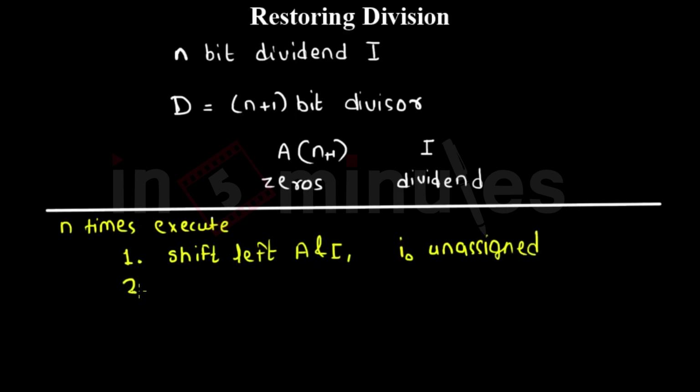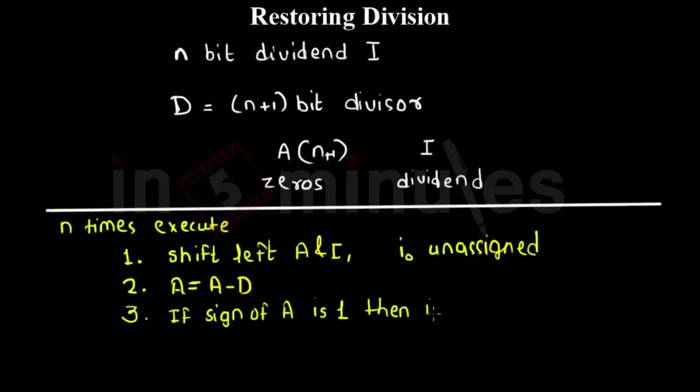Then we are going to subtract D from A, that is A equal to A minus D. Third is the most important step, that is if sign of A is 1, then I0 is equal to 0, and we are going to restore A. For restoring A, we just need to add the D back to the result so that we get the previous A again. So this is why this algorithm is called restoring division.